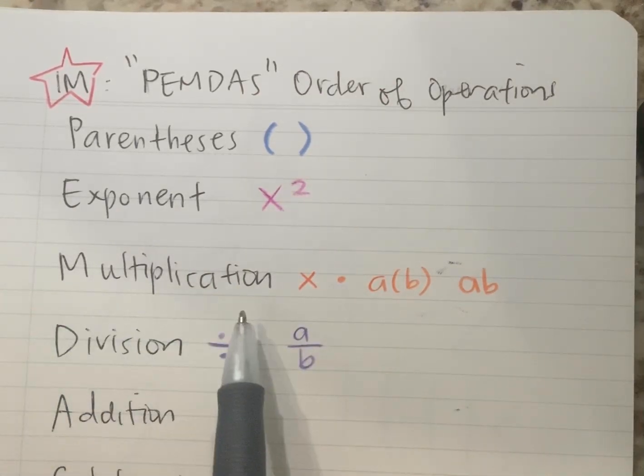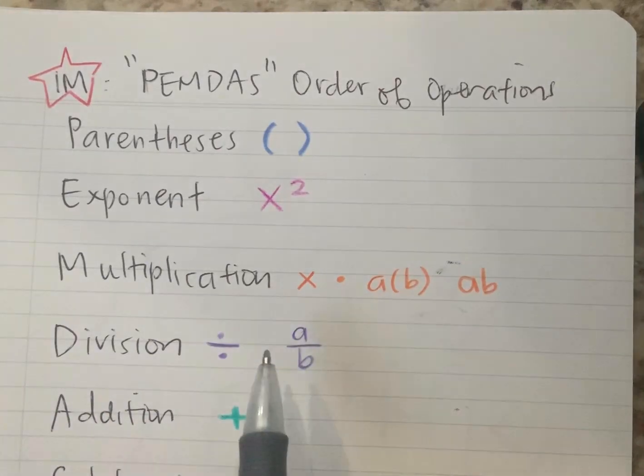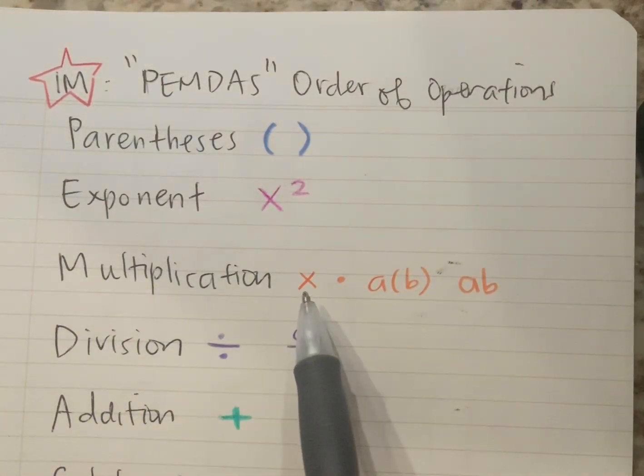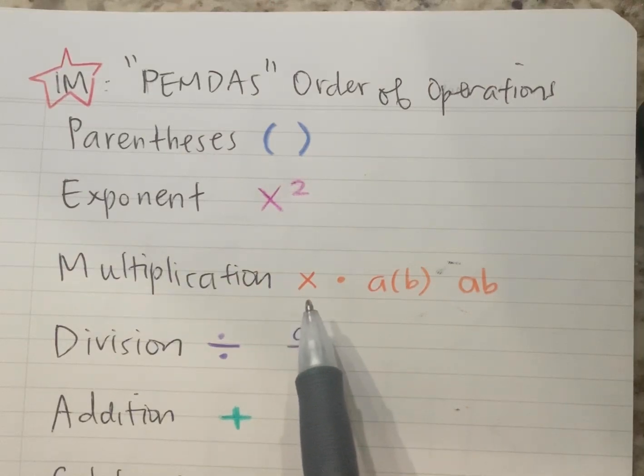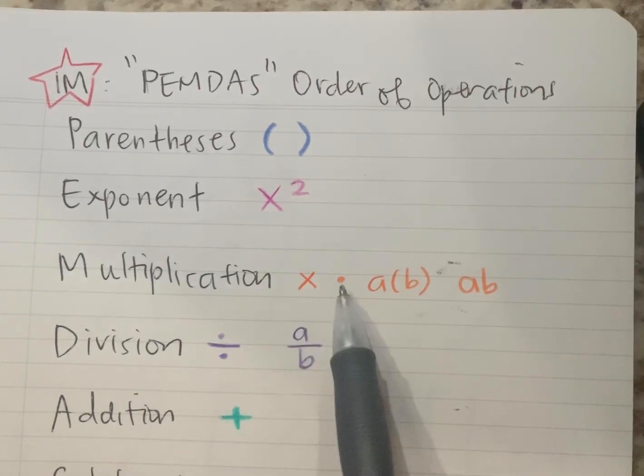M stands for multiplication. Here I put different variations of how multiplication can be shown in an order of operations equation. So here I put the standard X for multiplication. Here's a dot.